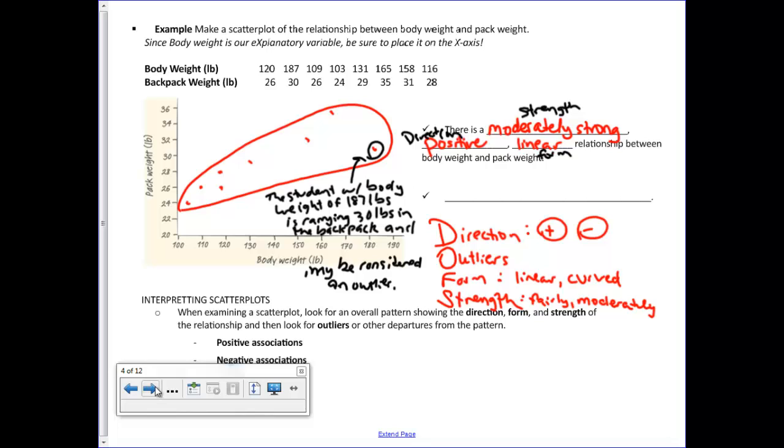So identify it. What point is that specifically? And then tell me it's possibly an outlier. It's not that far outside of our trends to say, no, that's not an outlier, but it could be.